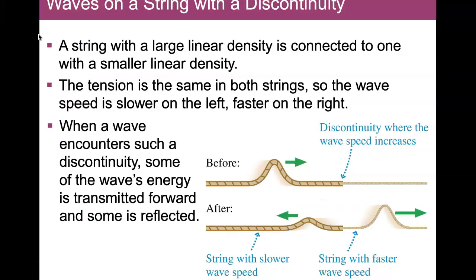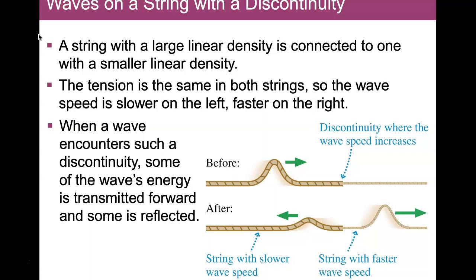So previously we talked a little bit about waves going across interfaces when the medium changes, when the density, for example, changes in this case. So we argued that the frequency should not change, and the speed changes, so the wavelength should change accordingly.